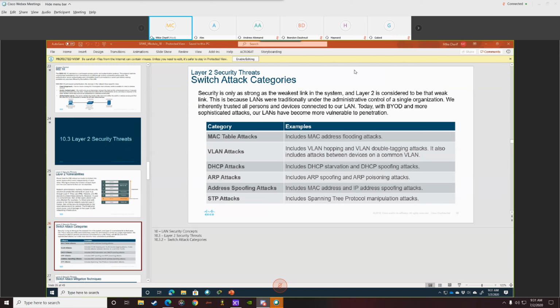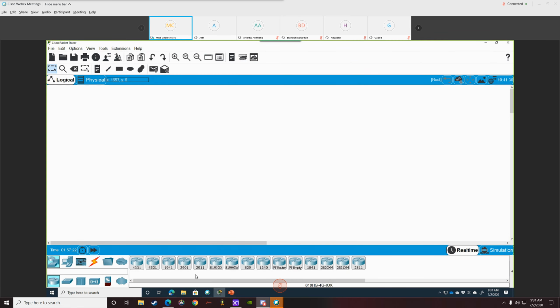And the way they do this, let's see, I think I gave you an example last time. Let's say we have a switch, that's the switch right here, and you have a bunch of machines.